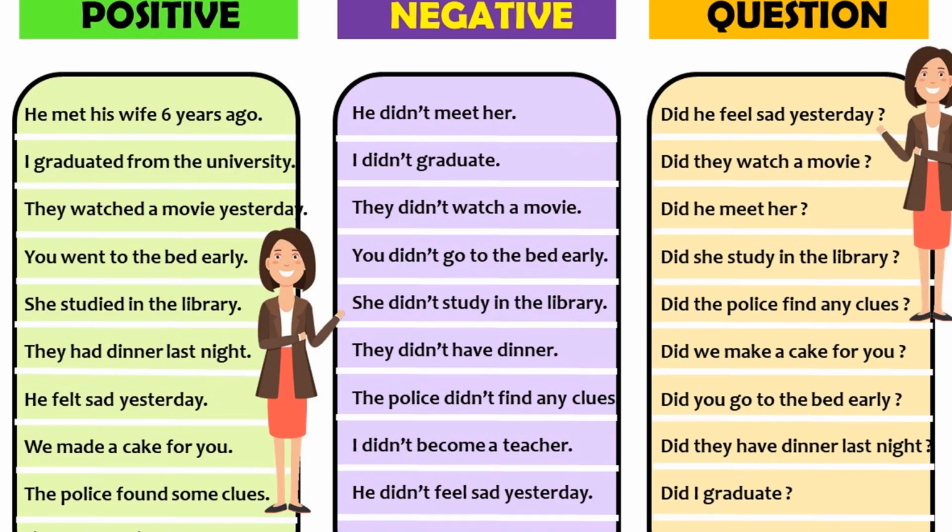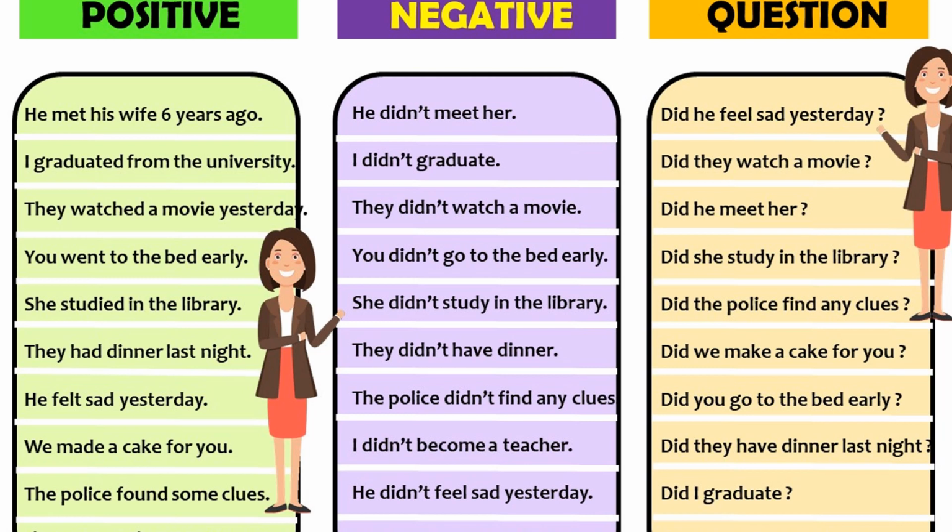Children, before we start off with the next form of past tense, let's look at some sentence structures for simple past tense. Do you all remember what sentence structures are? We did that even for simple present tense, isn't it?